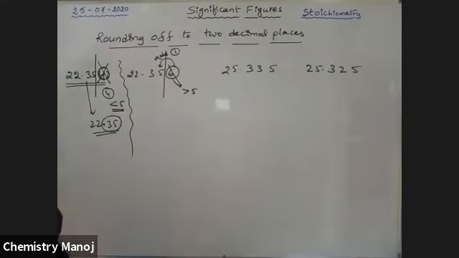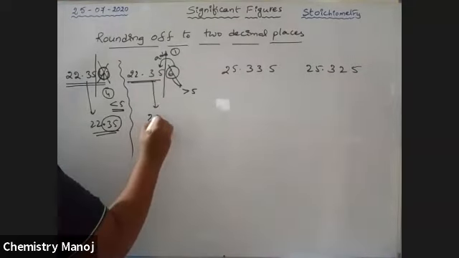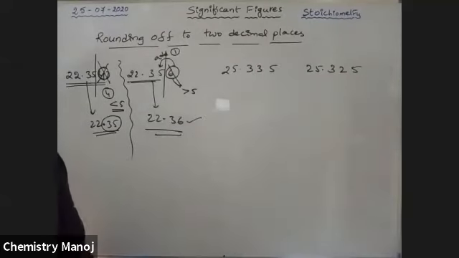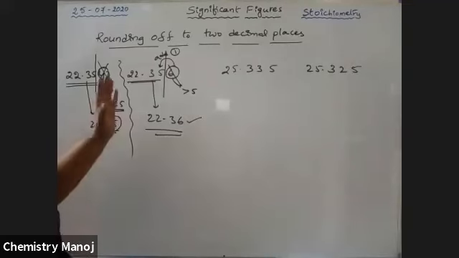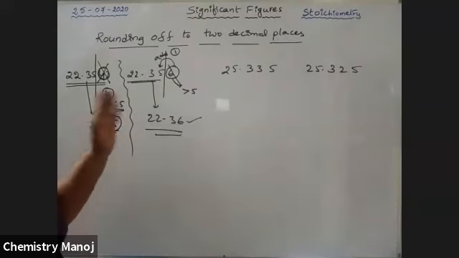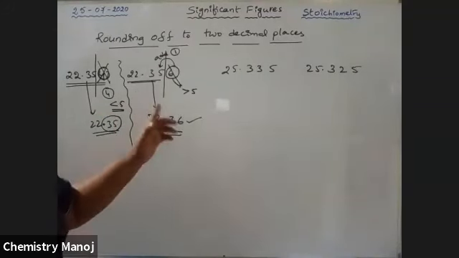Therefore, our answer is 22.36. So for a value which is less than 5 or more than 5: if it is less than 5, directly neglect it. If it is more than 5, add 1 to the previous number and neglect it.